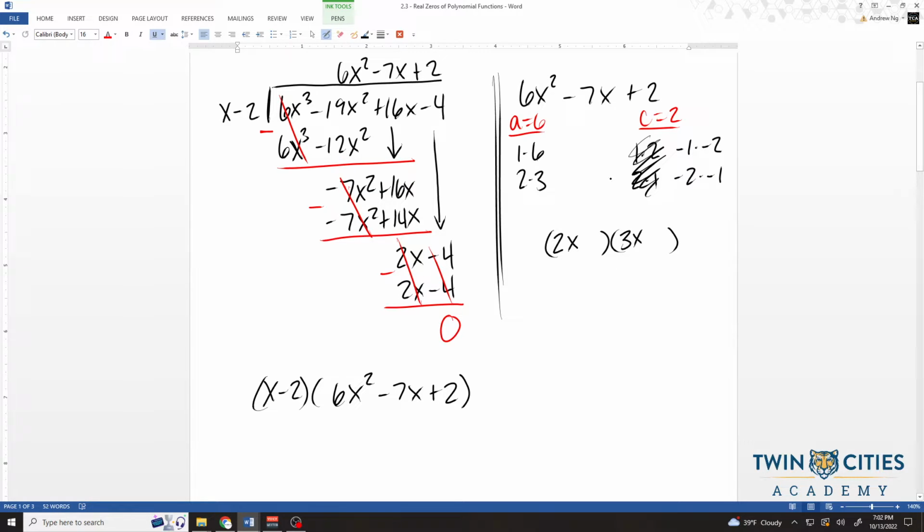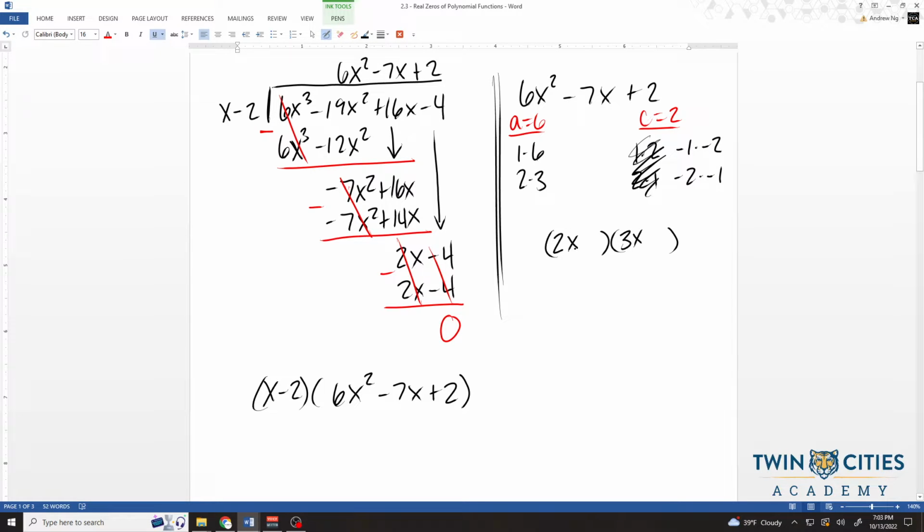All right, well, let's try 2, 3, and negative 1, negative 2. Outside would be 2 times negative 2 gives me negative 4, and then 3 times negative 1 would give me negative 3. Negative 4 plus negative 3, that's negative 7. So that was 2, 3, and negative 1, negative 2.